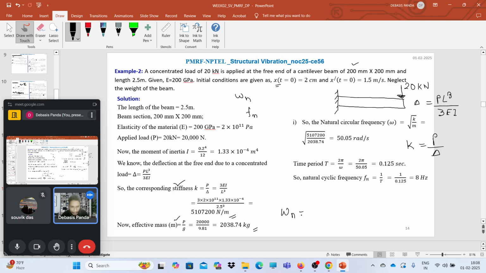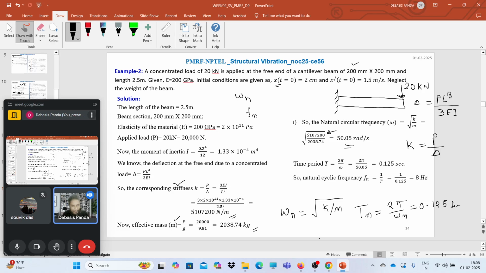Now we can easily calculate the natural circular frequency omega n. It is nothing but the square root of k by m. K is 5107200 and m is the effective mass, so it comes as 50.05 rad per second. Once we have omega n, we can find the natural time period Tn, which is 2 pi by omega n, and it comes as 0.125 second.